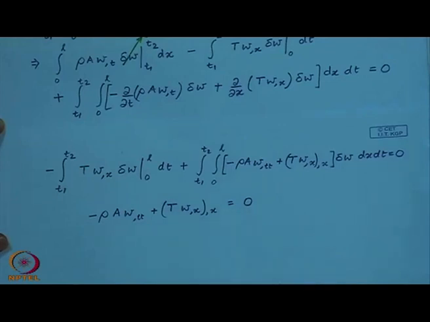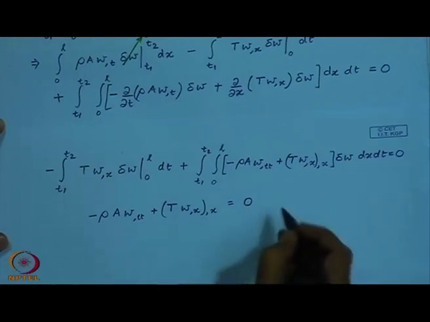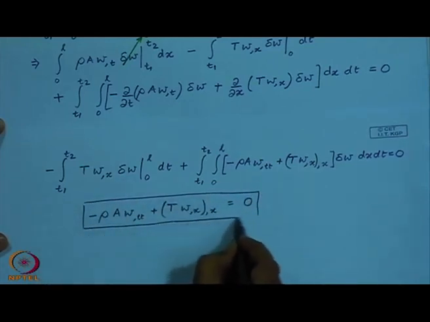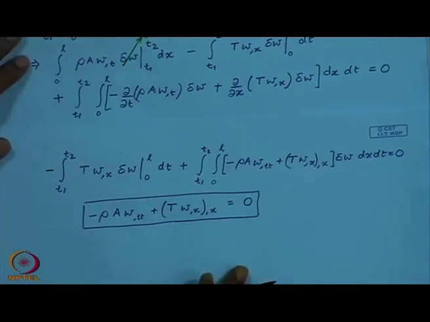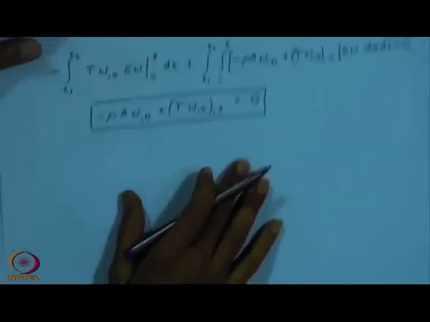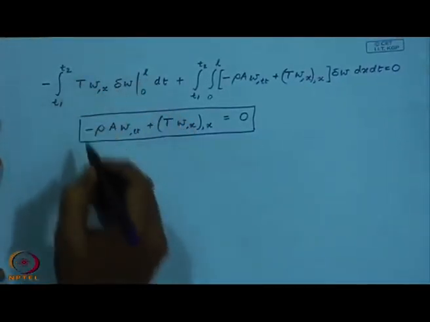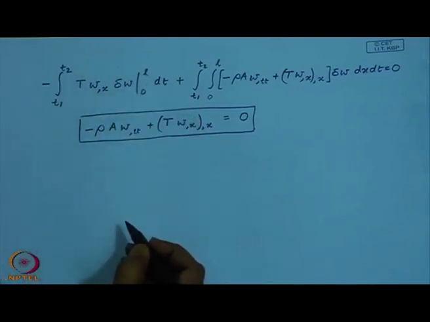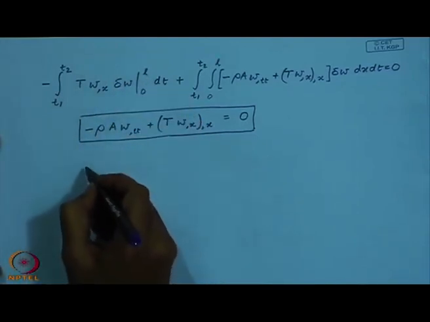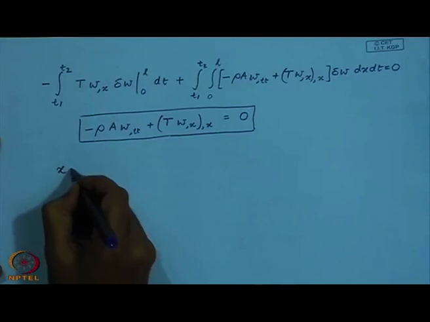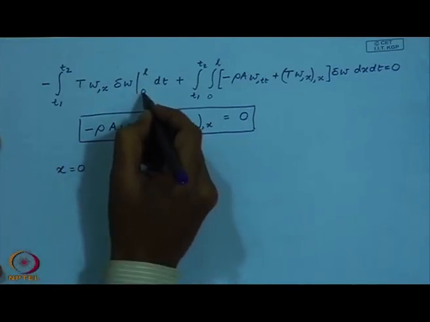so this must be 0, which gives us the equation of motion as we can easily recognize now. And this must vanish at the two boundaries. Now, what this says is that this can vanish in two ways, say at x equal to 0. Let us look at x equal to 0.